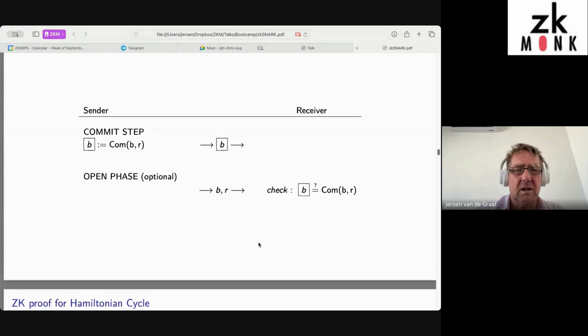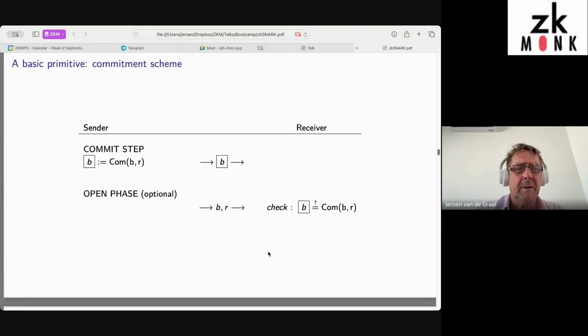And here you see an official model for it. For a commitment scheme, you always need some randomness, because otherwise you become vulnerable to guessing attacks. Here B is a bit, but it doesn't have to be a bit. It can be any string. You may have heard of special commitment schemes for polynomials, because polynomials are so important in the implementation of SNARKs that we have special commitment schemes for them.